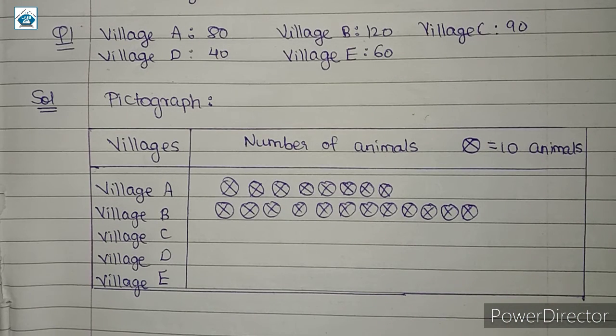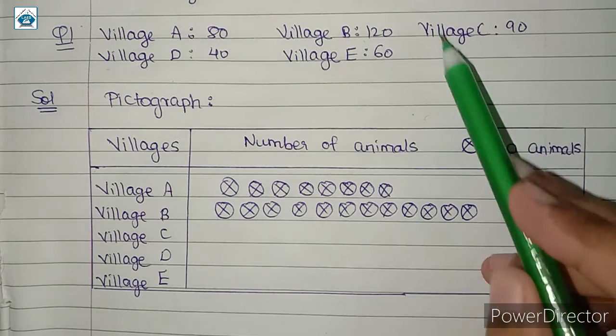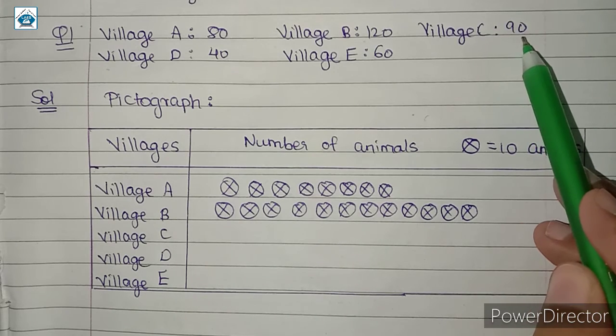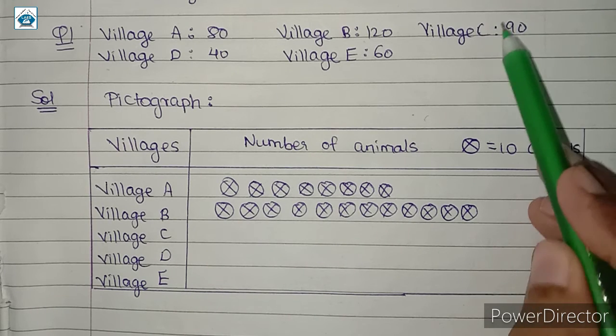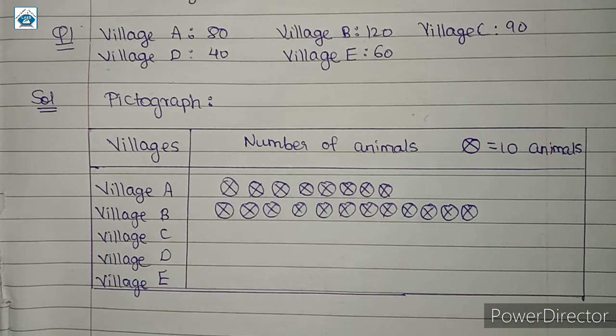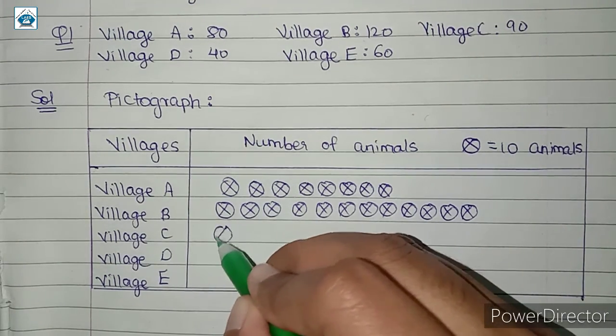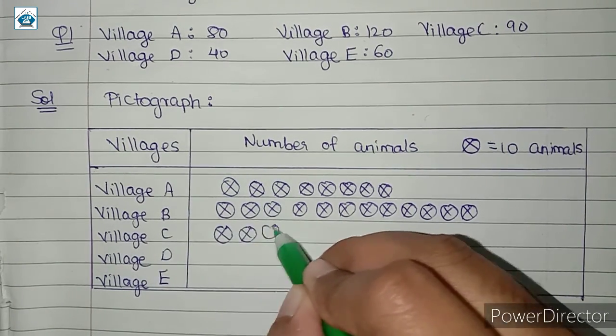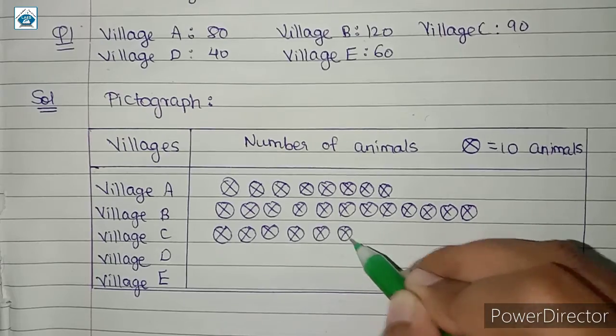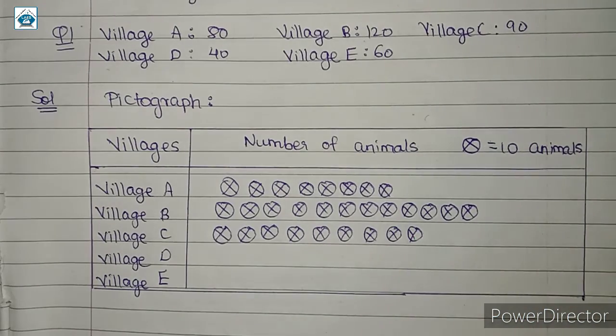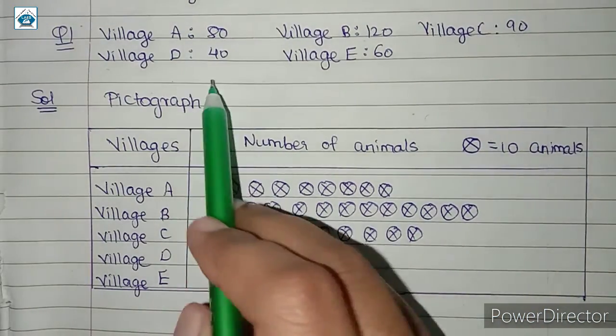Here I have drawn 12 symbols to represent 120 animals. Next for village C, we will have to draw 9 symbols because here there are 90 animals. So we will draw 9 such symbols. For village D, we have 40 animals.